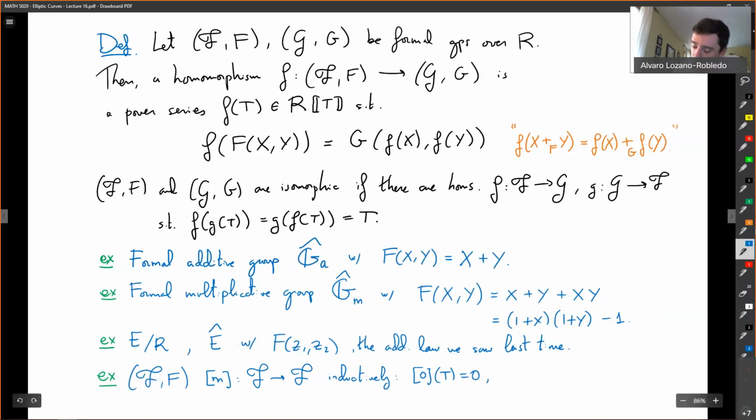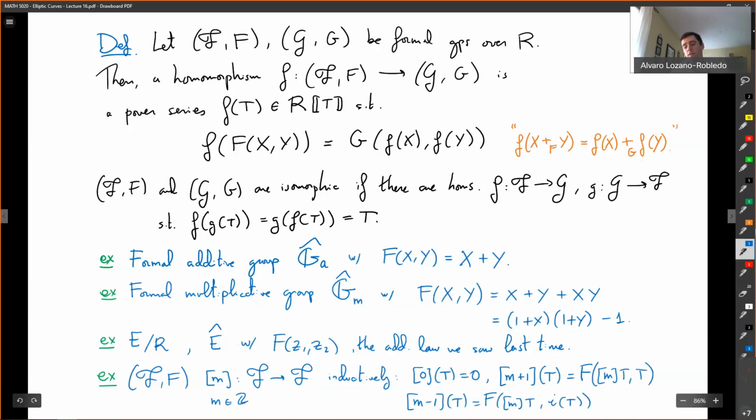And then multiplication by m plus 1, this is for integers, is just going to be addition of whatever multiplication by m is and add T also. And if you want to do the negatives, multiplication by m minus 1 is going to be multiplication by m and the inverse, whatever the inverse map is for that.